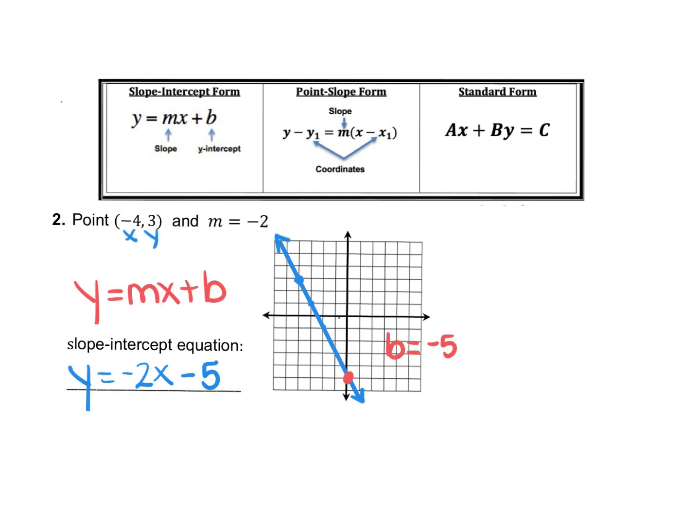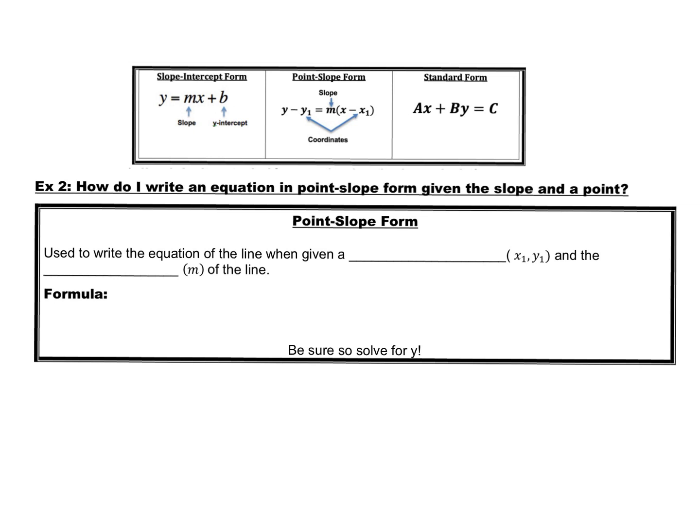Okay, so hopefully after you graphed it, you found that the y-intercept here is -5, and we already knew our slope of -2, so when we plug it into the slope-intercept equation, we have y = -2x - 5.